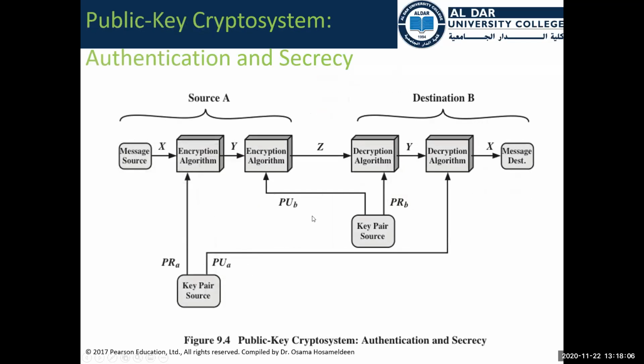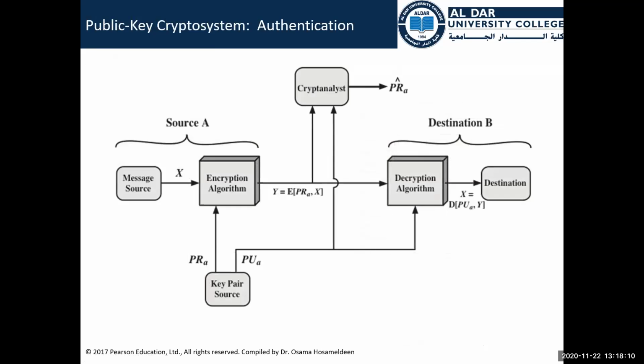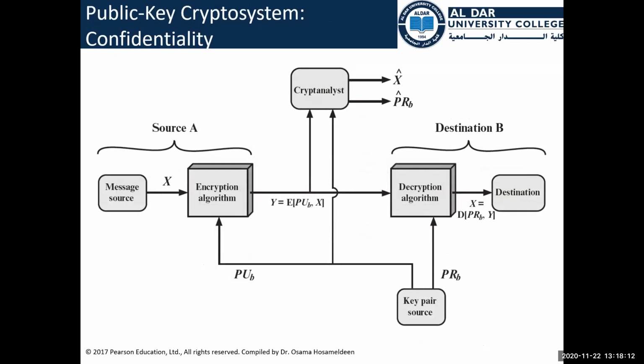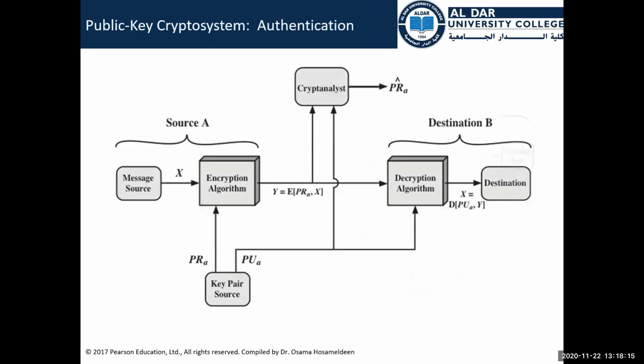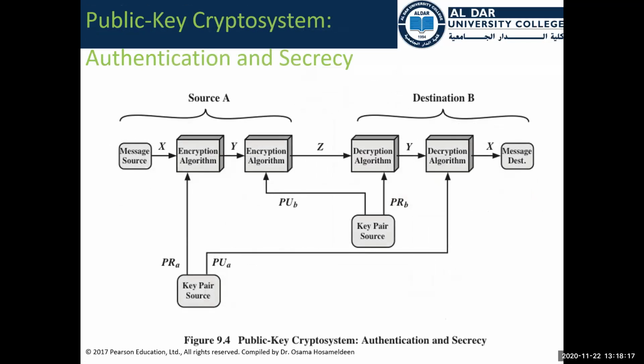Okay, so we can combine all of these together. We can combine these two slides, this one and that one, in one slide to come up with a very strong algorithm that uses authentication and secrecy at the same time.